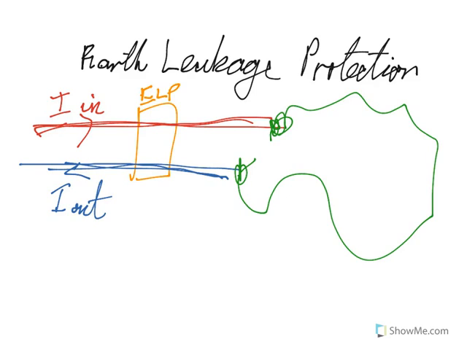So if for some reason there's some leakage and some of that current's leaking out, it may not be enough to, say, blow a fuse. This earth leakage protection device is far more sensitive and it monitors that. So current in should always equal current out.